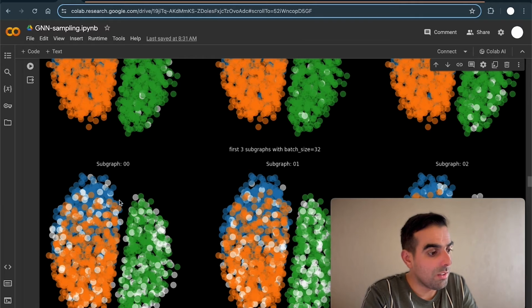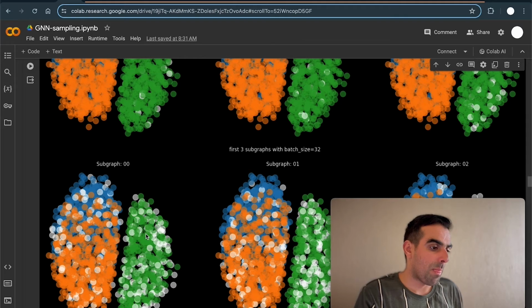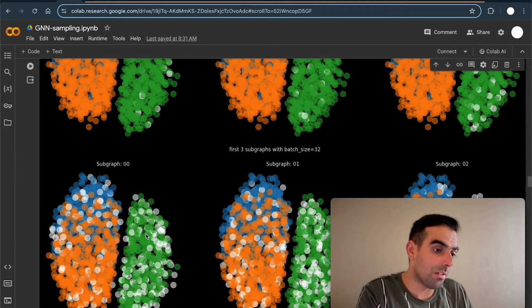See that in the neighbor sampler with batch size 32, there are more white nodes because these nodes were not selected. So if we reduce the batch size, we end up with a sparse adjacency matrix and small subgraphs.